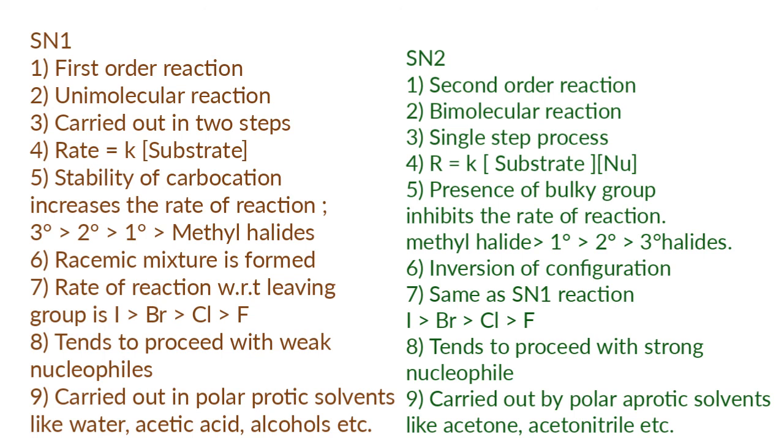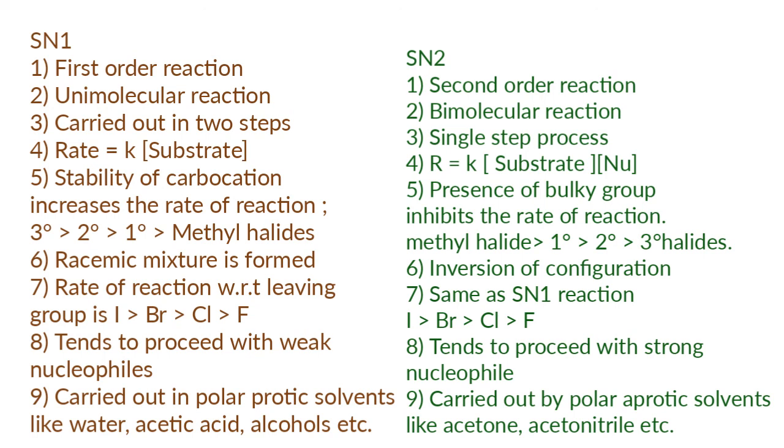Next point, the order of reactivity with respect to the leaving group. Here the leaving group is halogen. It is iodine greater than bromine greater than chlorine greater than fluorine. The same order is followed in the SN2 mechanism also, that is iodine greater than bromine greater than chlorine greater than fluorine.